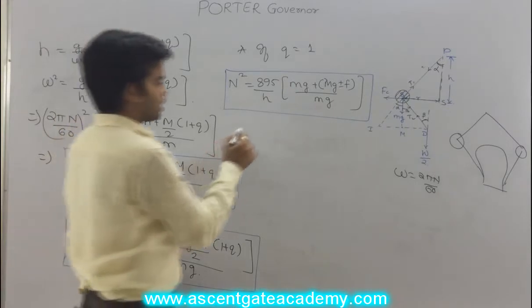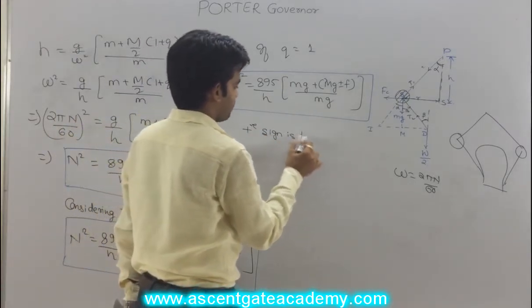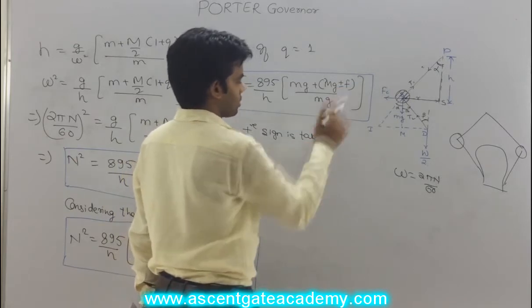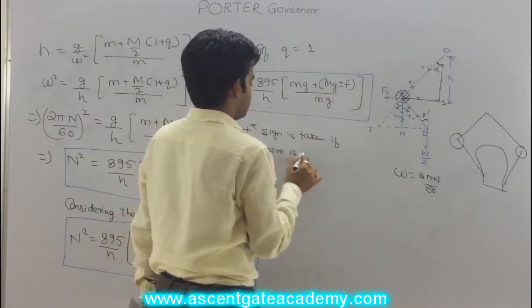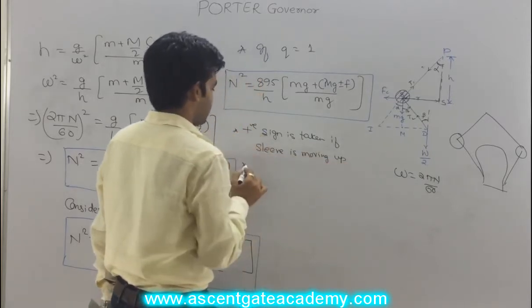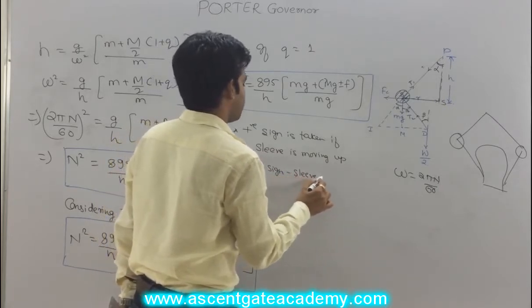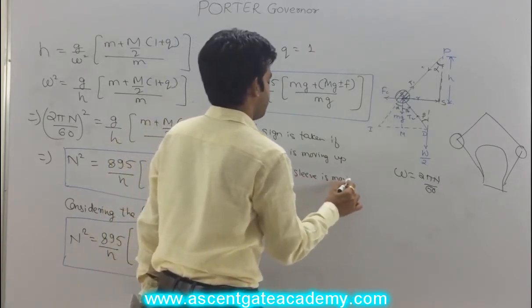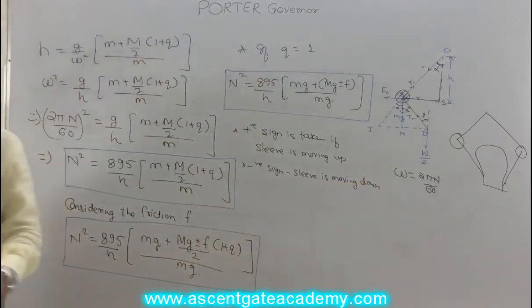Okay, and positive sign is taken here if a sleeve is moving up, and negative sign is taken if a sleeve is moving down. That's it. Getting this or not? Okay, so this is about Porter governor.